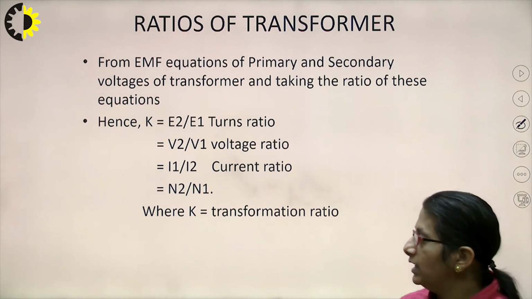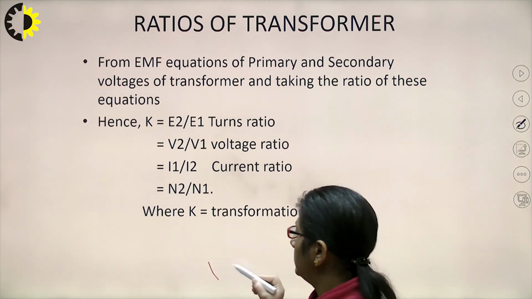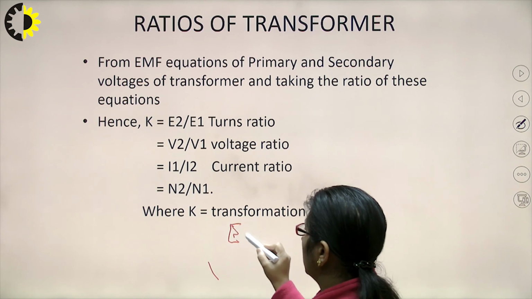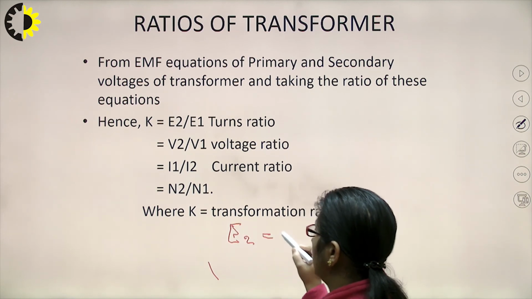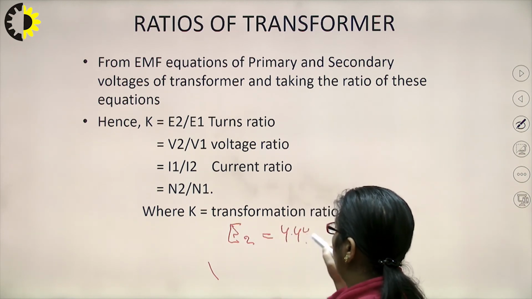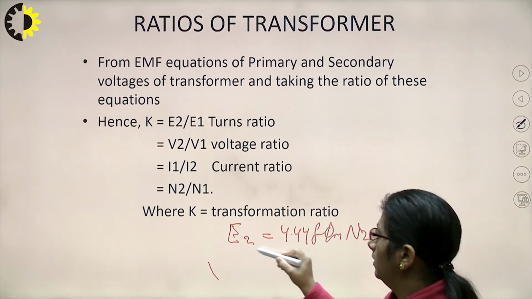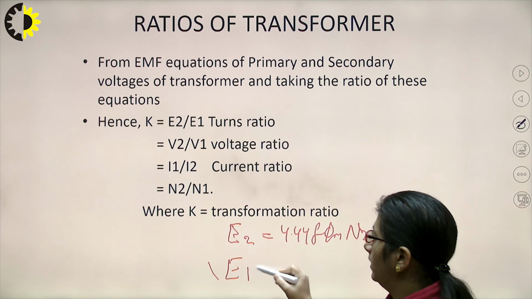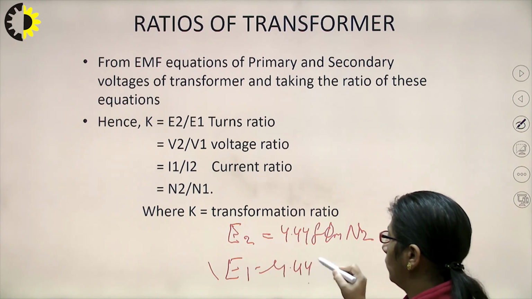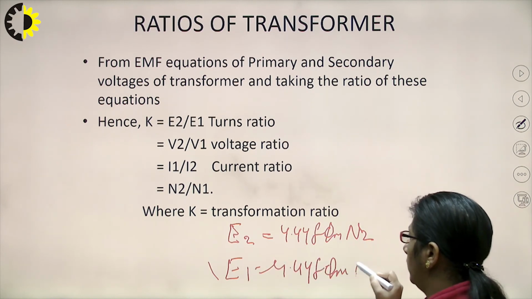What we got as the EMF equation: E2 equals 4.44 f phi m N2, and E1 equals 4.44 f phi m N1, right.